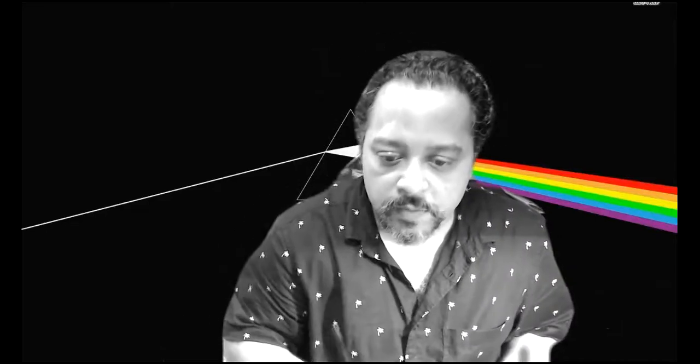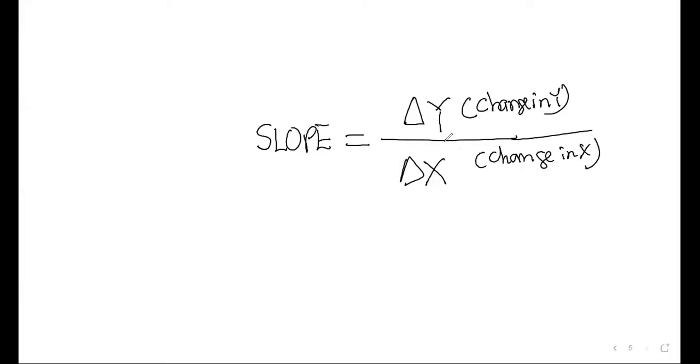So let's get back to our definition. If you have problems, stop me, I'll repeat myself. So when we are saying that change in y divided by change in x, in essence, we are looking at change in y in response to change in x.